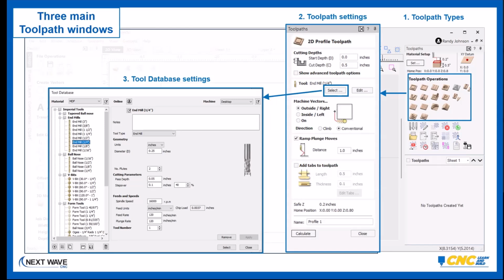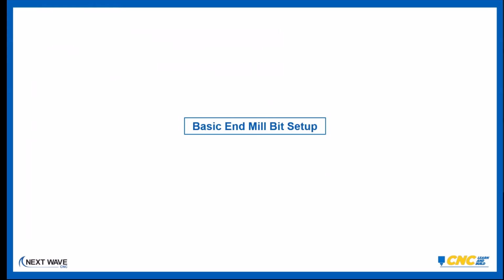So as I mentioned, there's a lot going on here. And tonight we're going to spend the first part of the meeting talking about the left side, the toolpath database, and then I'll actually open up vCarve and we'll take a look at the middle section there of the toolpath settings, and I'll give you a live demonstration on how those settings are set up and the effect that they have.